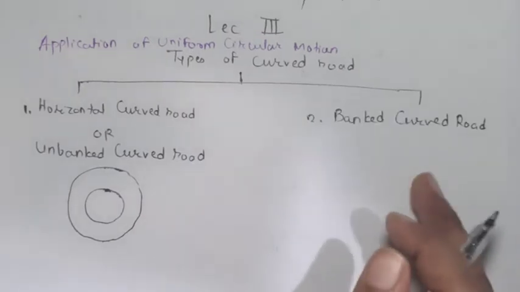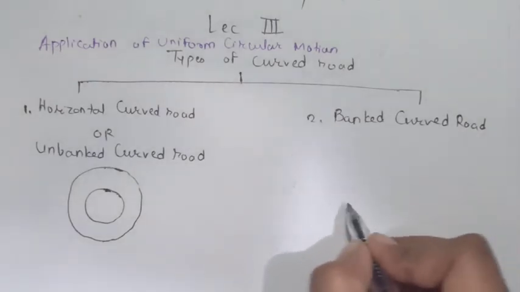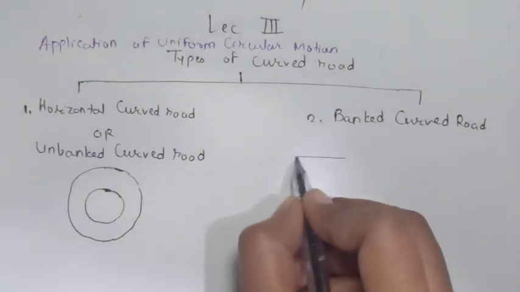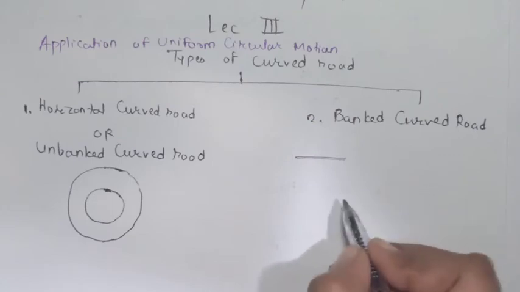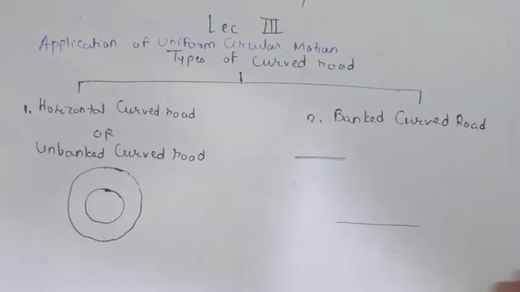In this type of road, suppose this is your original road. This one will be the inner edge of the road and this one will be the outer edge of the road. So what happens in this case?